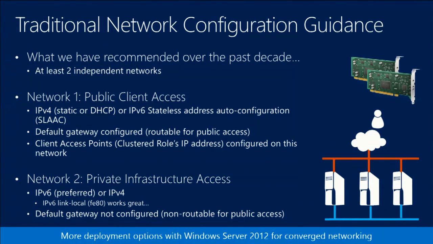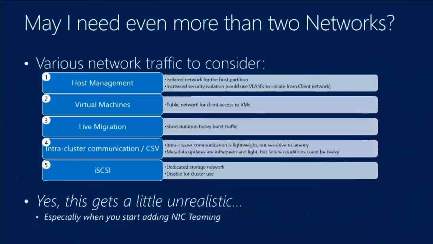And so in terms of priority given to the cluster traffic, it prefers a network that does not have outbound public access, so that it assumes it is an infrastructure network. And a few slides down, I'll be talking about the converged networking model that cluster now supports.